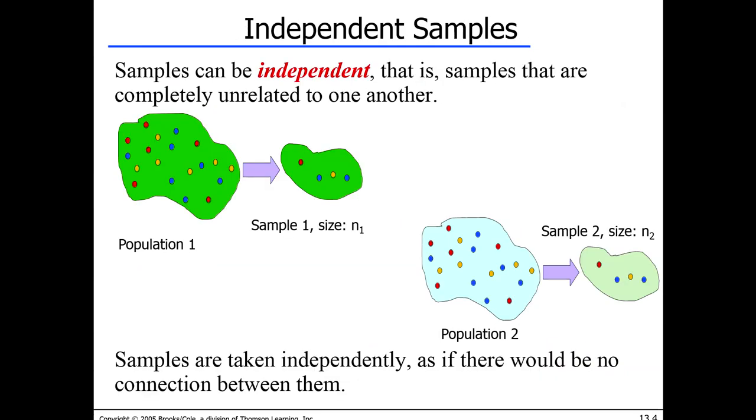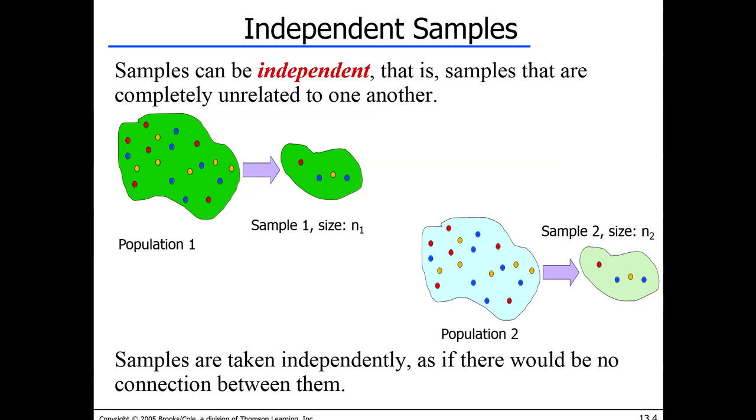Speaking of independent samples, in this specific lecture today, we're going to discuss the case when the two samples that you collect from population 1 and population 2 are independent. So what does that mean? That means that sample 1 is random.